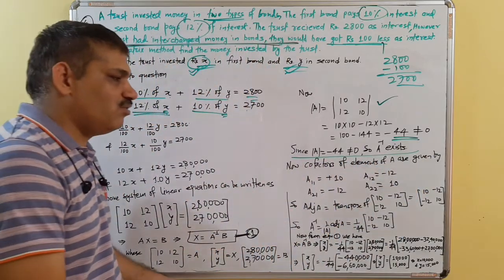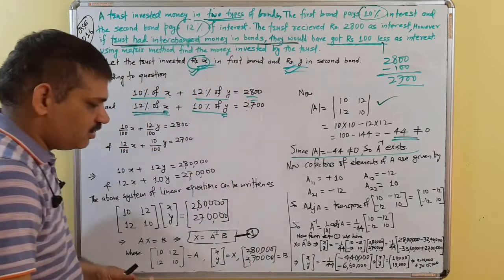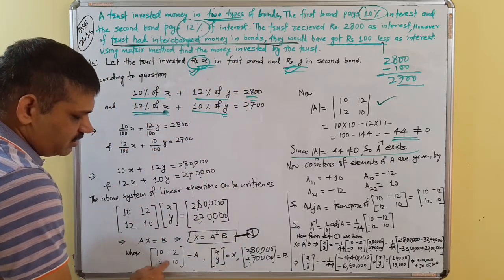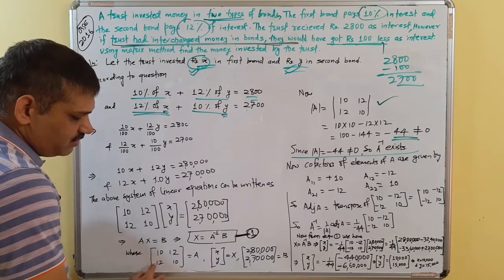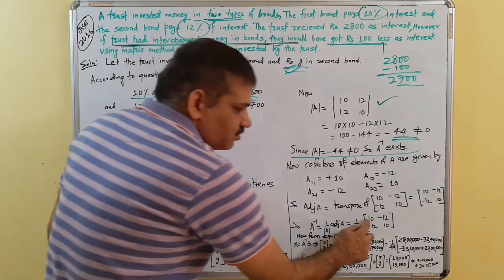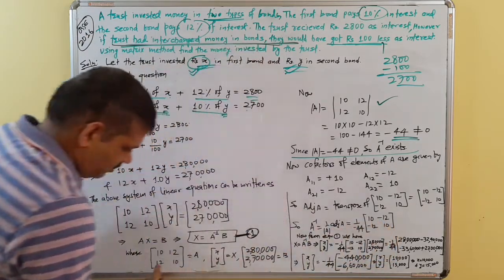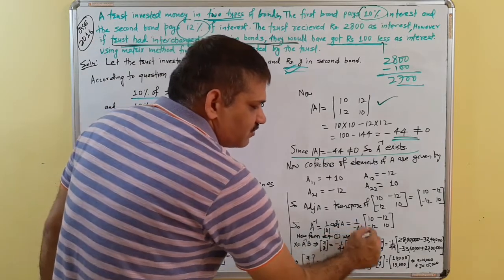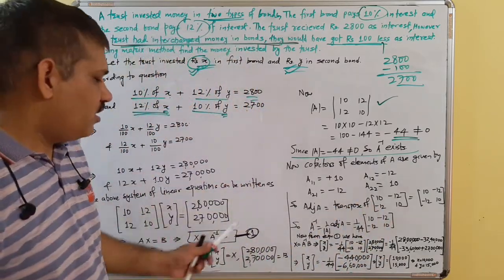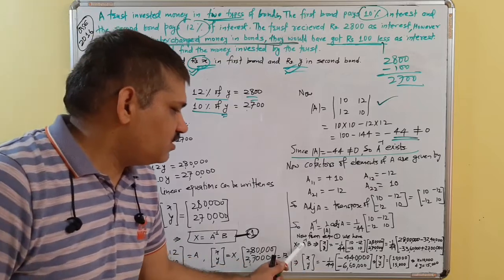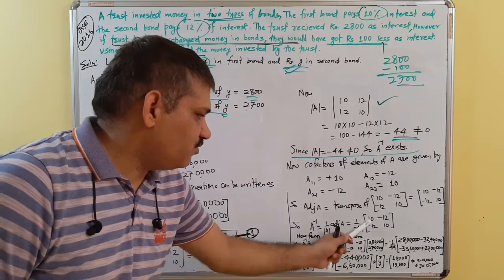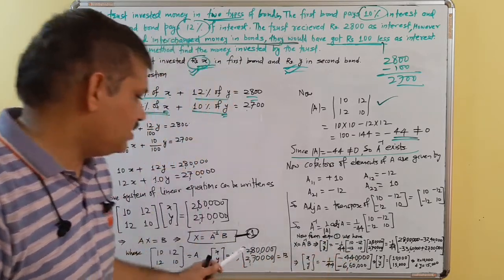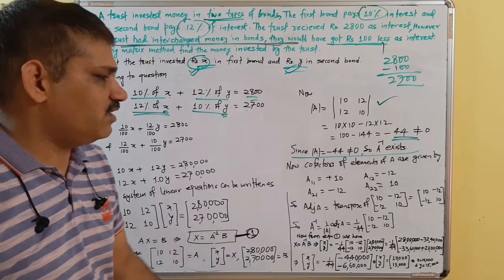Now we find the cofactor directly. We know the trick. We interchange these elements and we change the sign of these two. So 10, 10, and we change the sign, minus 12, minus 12. This is how 1 upon determinant A times adjoint A. Now X is equal to A inverse B. A inverse B is minus 1 upon 44 times this multiplied by B, that is 2,80,000, 2,70,000.